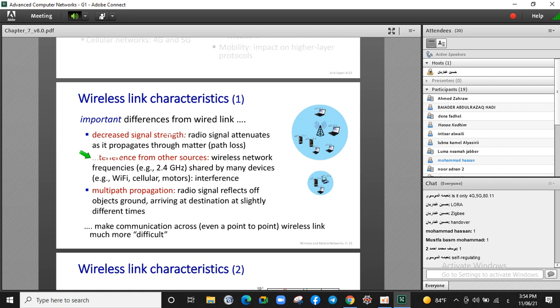For example, the Wi-Fi network works around the 2.4 gigahertz frequency range. But if I look at different devices, I can see there are several other devices that work in this frequency band, in the 2.4 gigahertz frequency band.